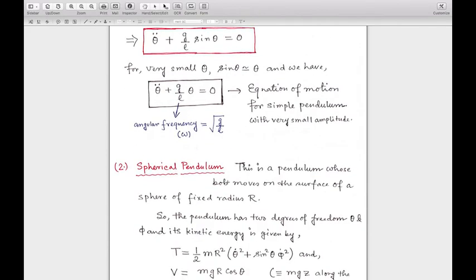Now remember, notice one very interesting fact. In this total problem, you have derived the equation of motion, but unlike your previous experience, you have not considered the tension of the string. Beforehand, you had to balance the forces, the component of gravity, which is balancing the tension of the string. But here you don't have to do anything.